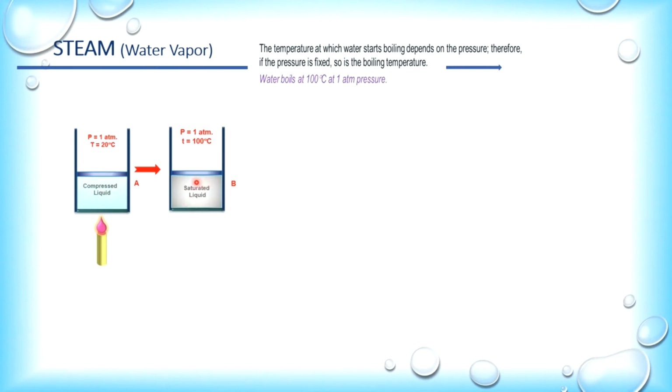When the water starts to boil, it is called saturated liquid. The word saturated or saturation here means the liquid is unable to absorb even a little amount of heat at constant pressure.